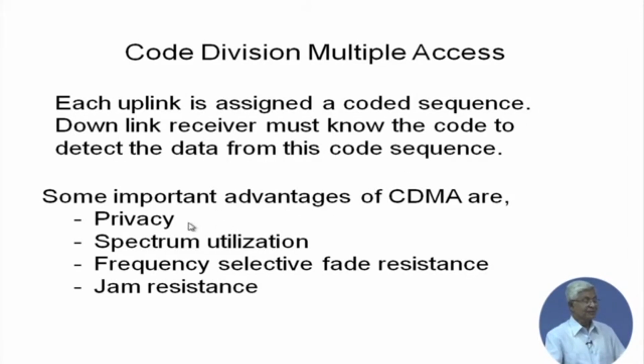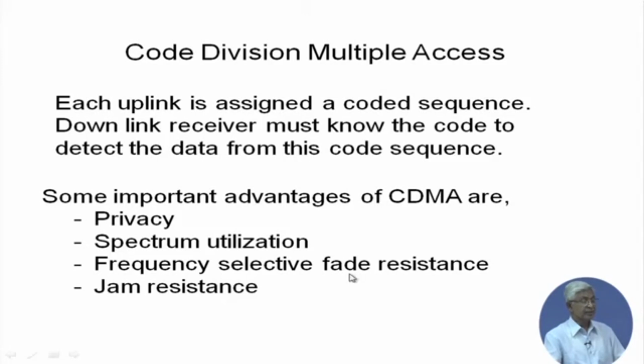One is privacy, and the spectrum is fully utilized, not like FDMA, where some guard bands are left. There are two other advantages we get. If there is a frequency selective fade, which normally does not happen in this geosynchronous satellite situation, but depending on atmospheric conditions or some multipath, it may happen.